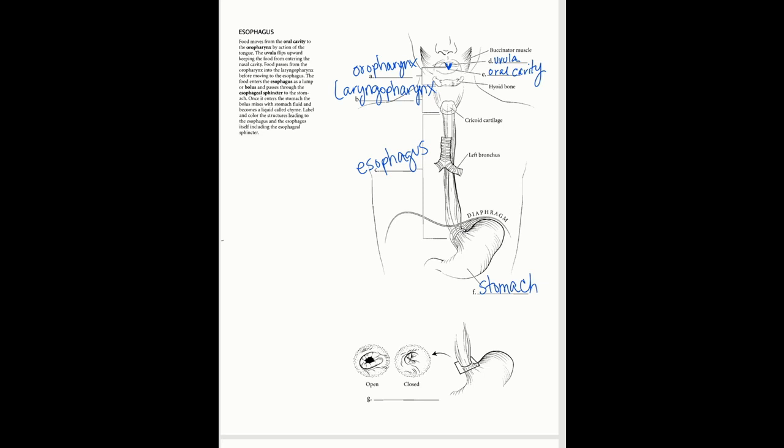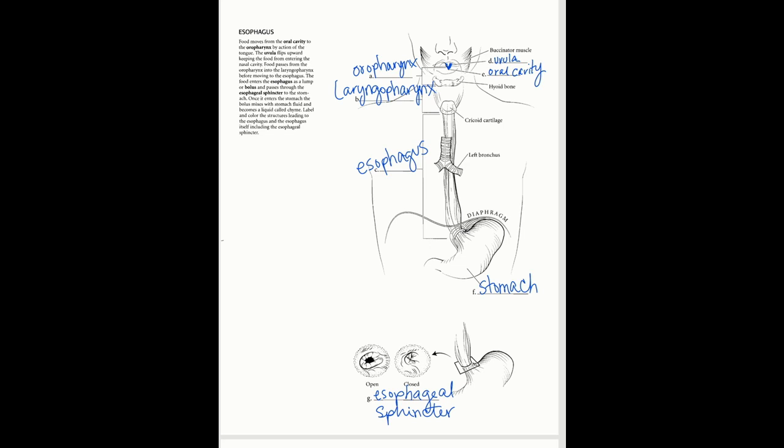Now there's a sphincter here, which is very important. It's called the esophageal sphincter. When it's open, it's going to allow food in, and then it should be closed.